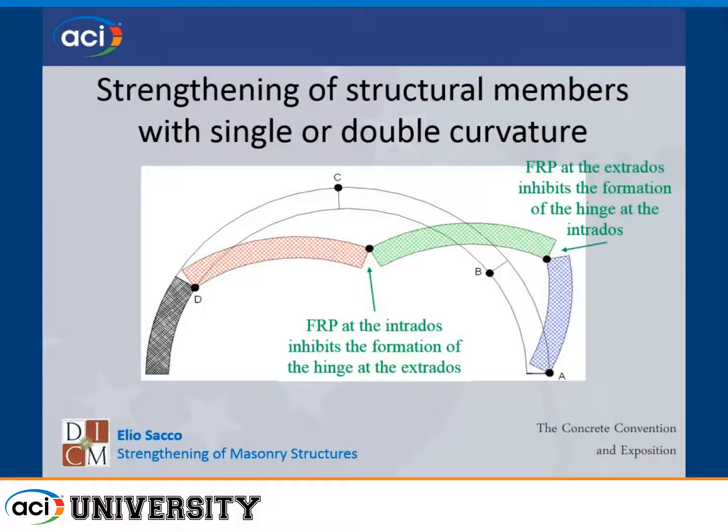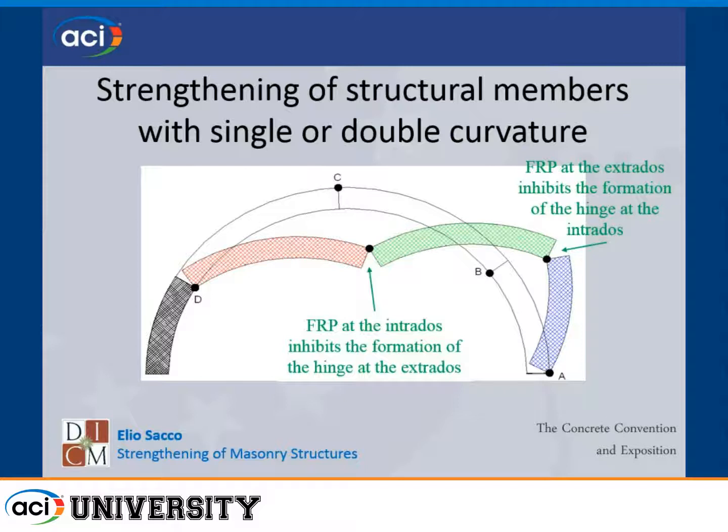We can think that the collapse of an arch occurs by formation of hinges, and when this kind of mechanism occurs, we can apply, for instance, an FRP on the internal surface. In this way, we inhibit the formation of this hinge, and analogously, we can apply an FRP on the external surface in order to avoid this opening.